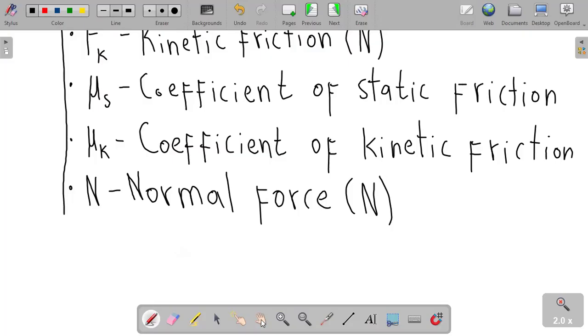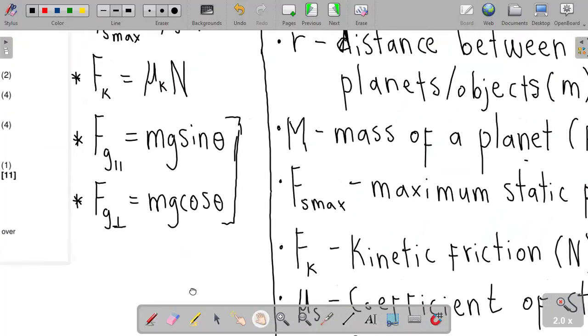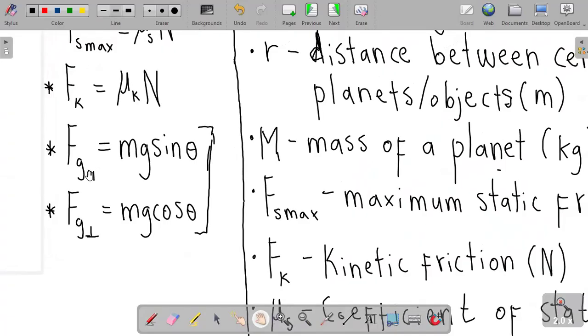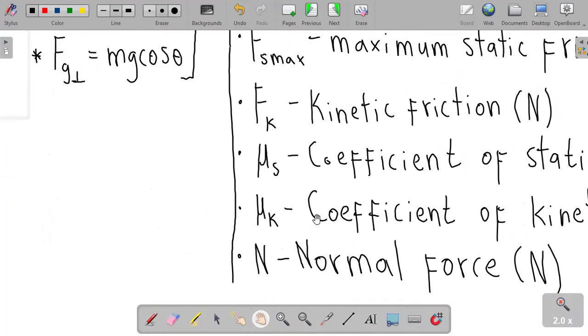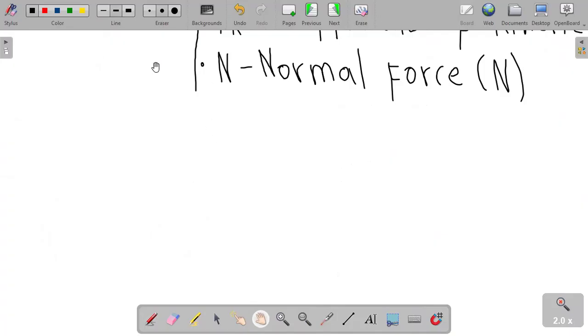And then what about the others? FG parallel and FG perpendicular. There is FG parallel, and then there is FG perpendicular.